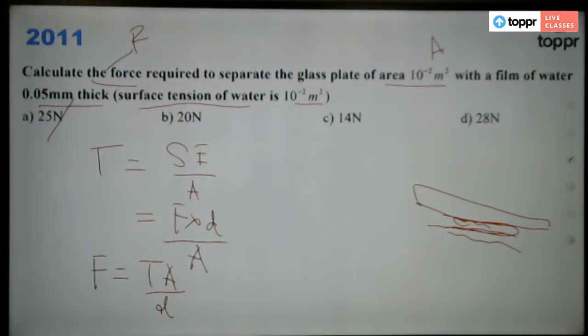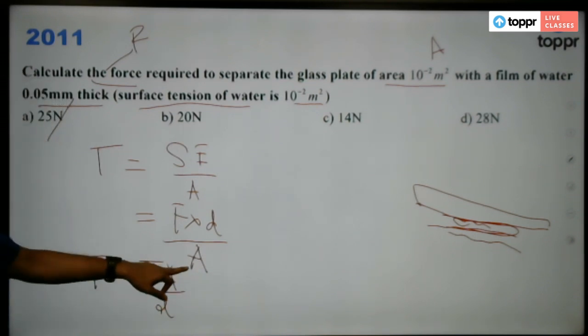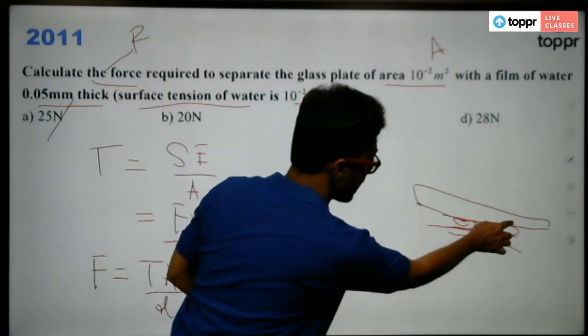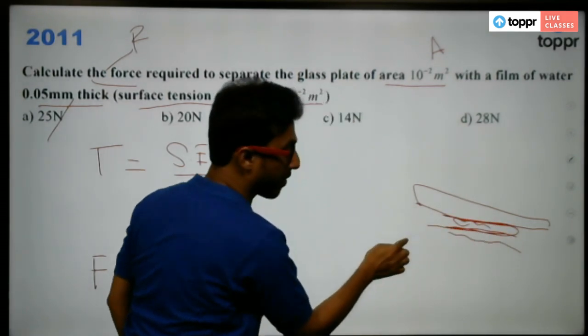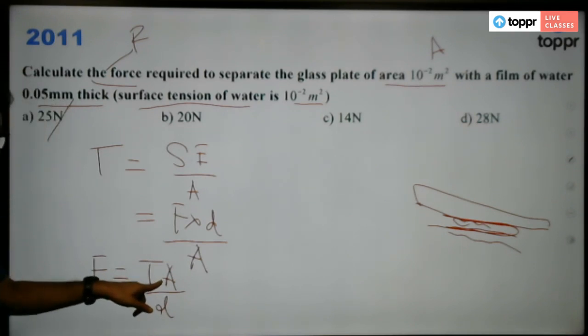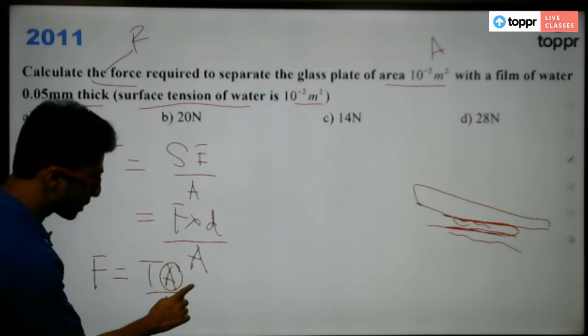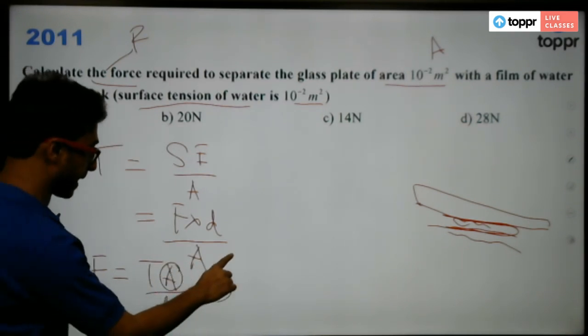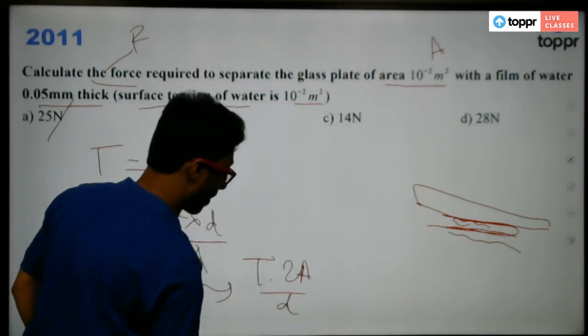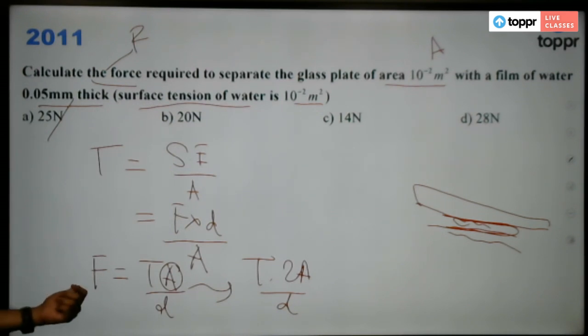So we don't have only one area, a single area. Because when you're removing this area as well as this area, both need to be drawn together. So it is not A. This A should be changed to twice A. That is T into 2A by D. So this is the force.